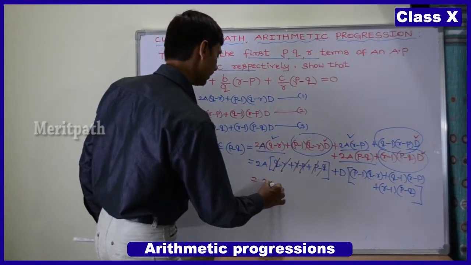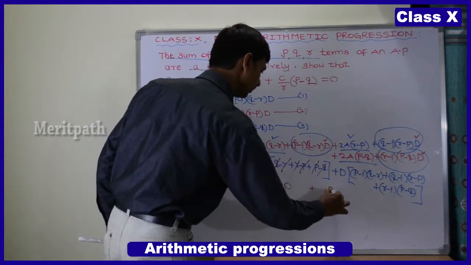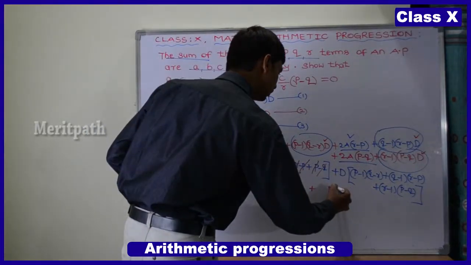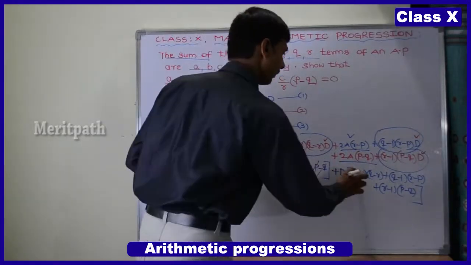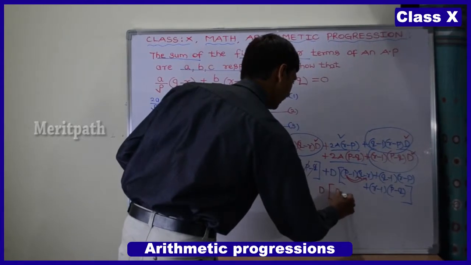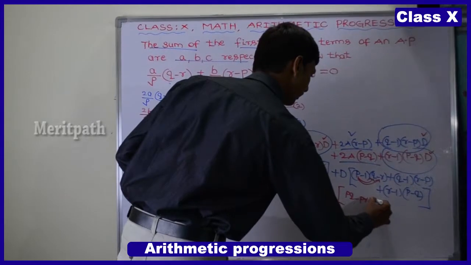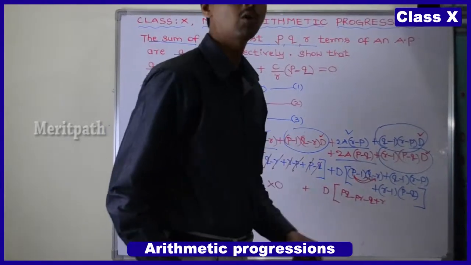So 2a, there is nothing left out, into 0, plus D into, let us multiply with p: pq, pr, pq minus pr minus q plus r. Then we multiply with p minus 1, we got this.